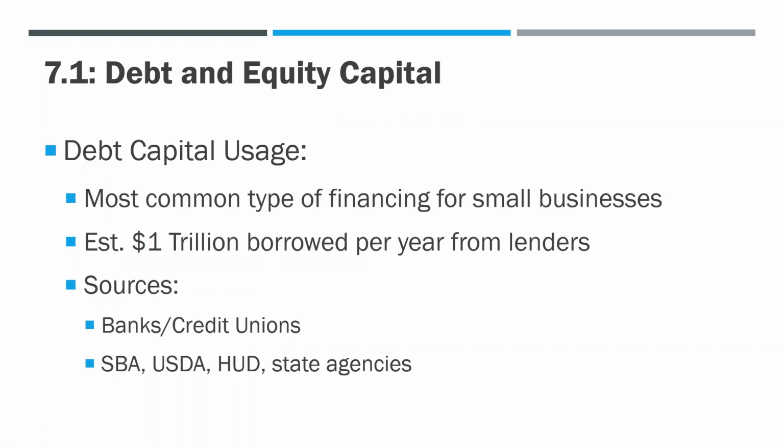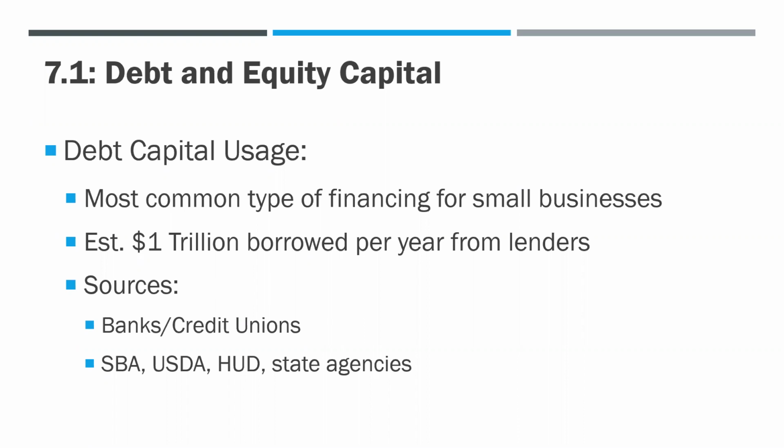So debt capital usage is your most common type of business financing for small business. The textbook gave that there is an estimated $1 trillion borrowed per year from lenders for small businesses.